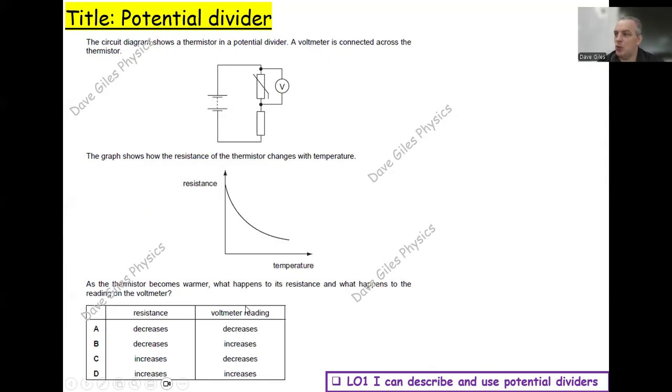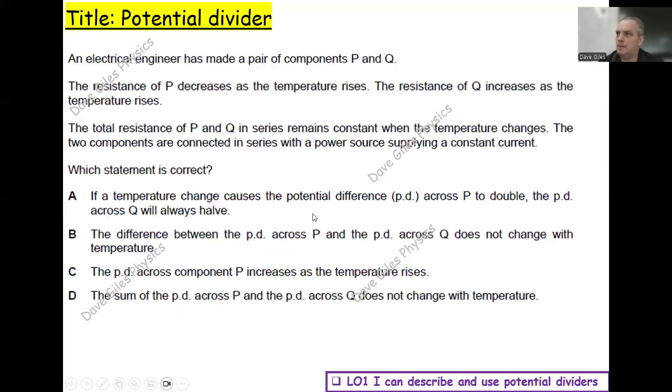As the thermistor becomes warmer, what happens to its resistance and what happens to the reading on the voltmeter? When it becomes warmer, the resistance decreases, and as a result you've got a smaller proportion of the voltage across there, so that will also decrease. So the answer is A.